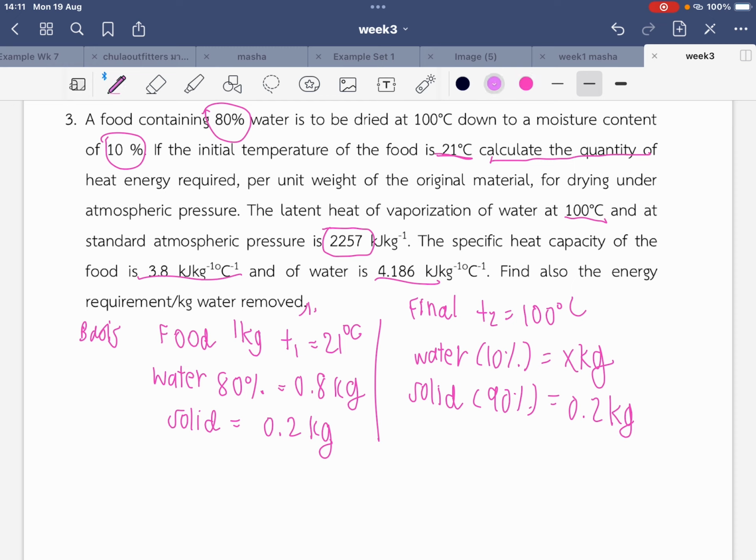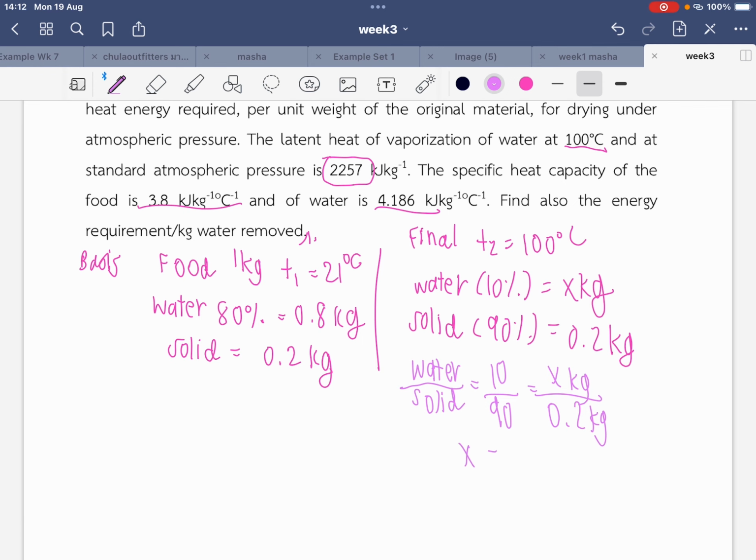So to find how many kilos of water, we do water over solid is 10 over 90. Then X is 0.022 kilogram. So we can know that water is 0.022. Okay.